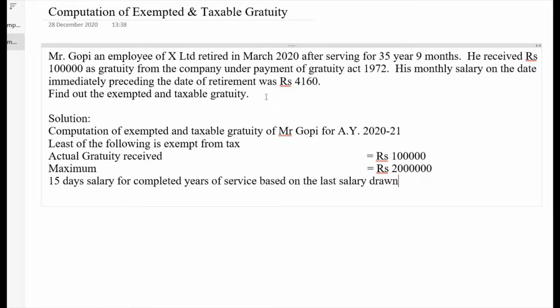drawn by the employee. Here 15 days salary should be calculated by taking 26 days as the working days. So 15 by 26 into rupees 4,160. Then he has put in totally 35 years and 9 months. Any fraction of service more than 6 months should be taken as the next year, so in this problem it is 36 years.